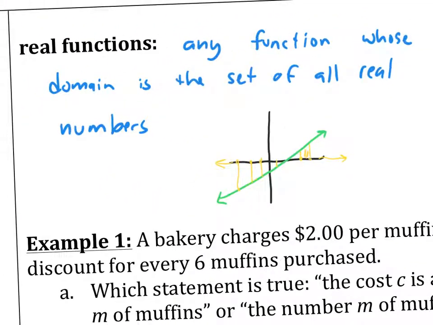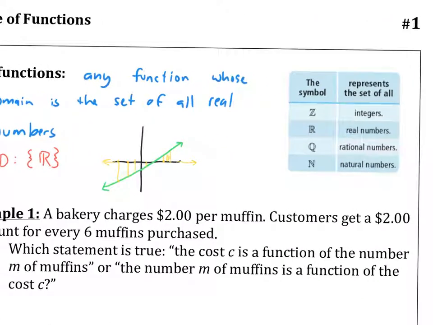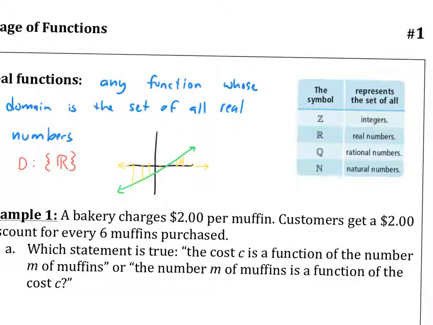So how we would write that is fairly simple. We would just say the domain, colon, and you can just use this super secret symbol right here. It's an R with an extra leg, and it means all real numbers. I have a little chart over here from the textbook that gives you other number sets that you can use.